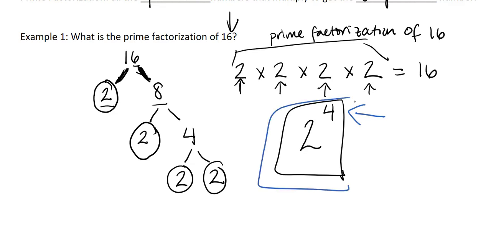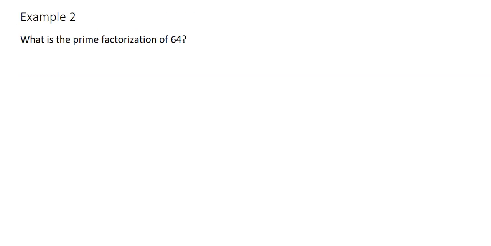We can represent it as 2 to the 4th power, or as 2 times 2 times 2 times 2. They mean the exact same thing. Now, let's look at another example.